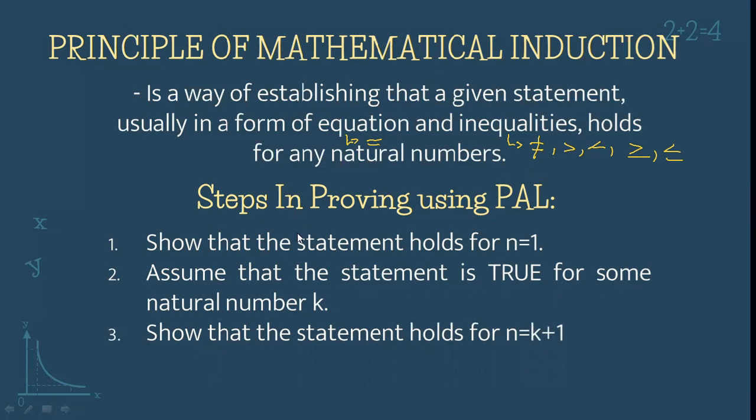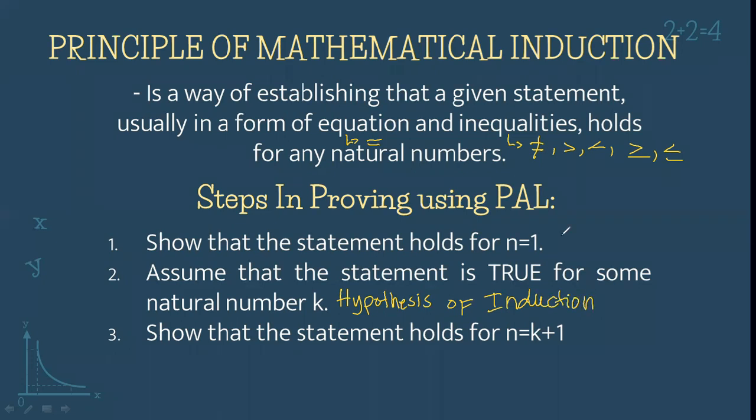Kaya po dito sa steps natin, kung makikita nyo, if true po siya sa number 1, possibly po na true siya sa iba pa pong number na kasunod ni 1. So that is why we assume that the statement is true for k. So this step number 2 is also known as the hypothesis of induction.